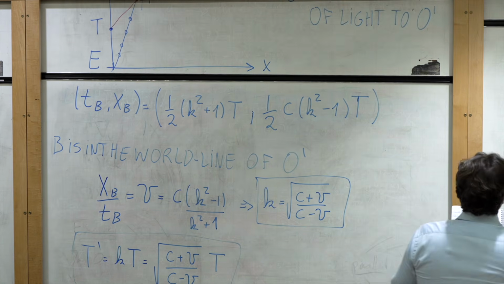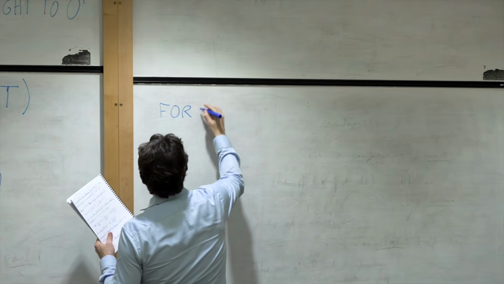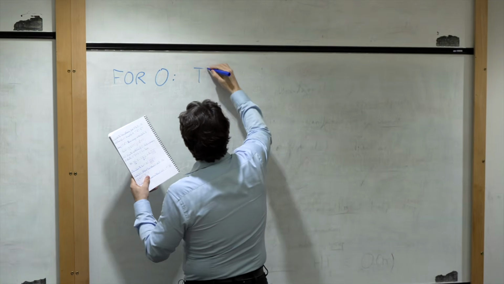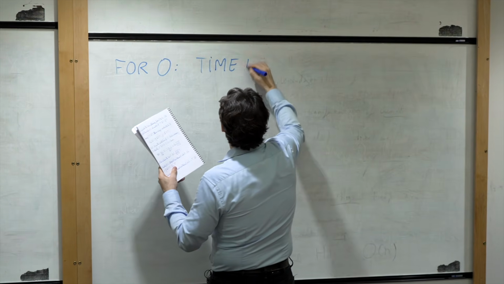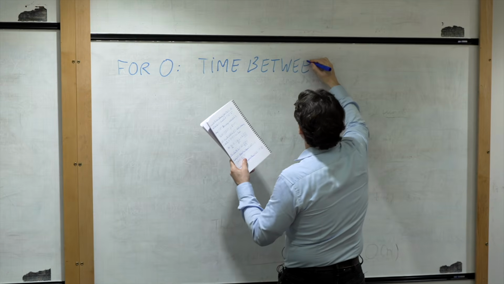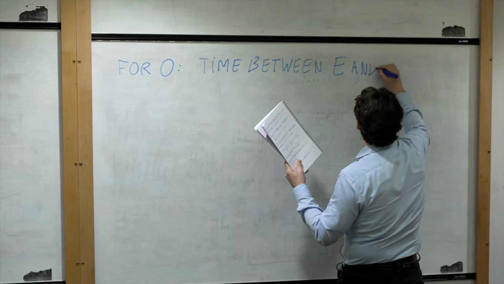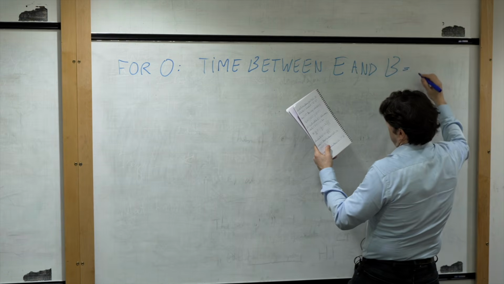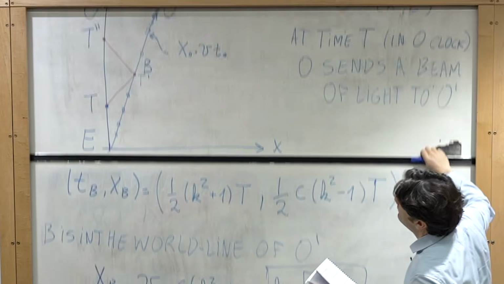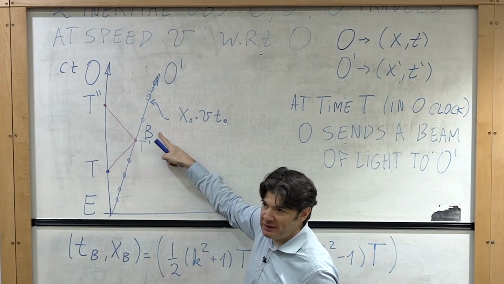Now, according to O, the time between E and B is equal to TB, where E is this event and B is this event here.